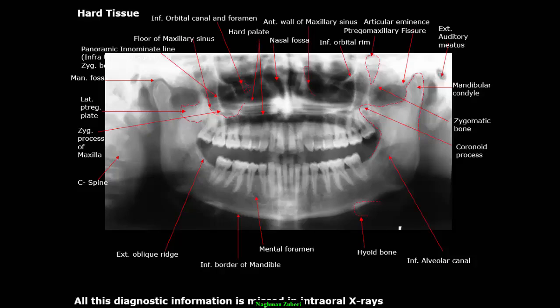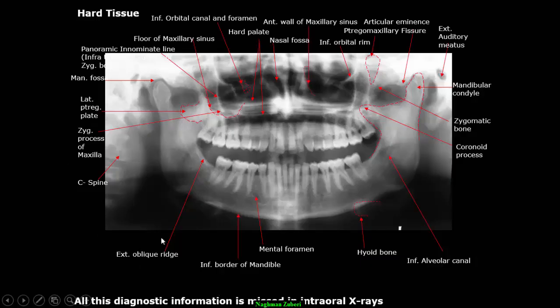You can also see the fossae, and you can see the lateral pterygoid plate. You can see zygomatic process of maxilla, as well as cervical spine. At times, cervical spine is visible on both these sides.